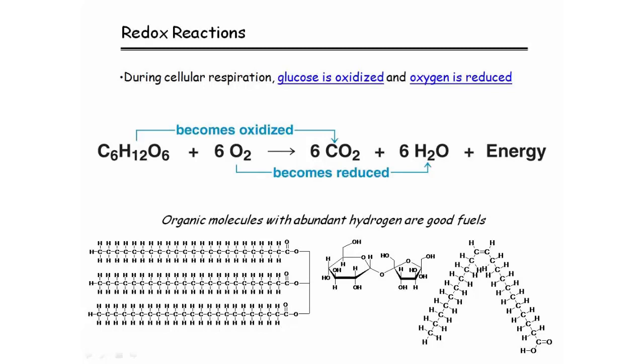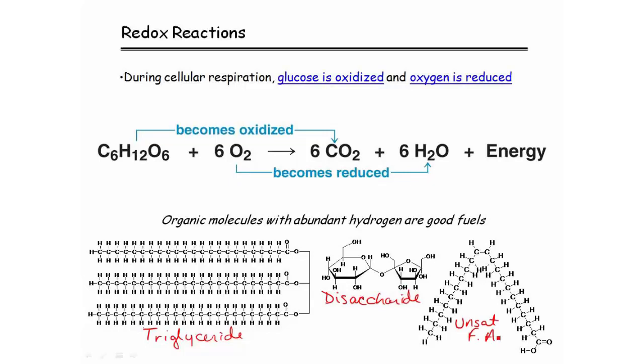If we look at the molecules that are being shown on this slide, this first one represents a triglyceride. The middle one is a disaccharide. And the last one would be an unsaturated fatty acid.